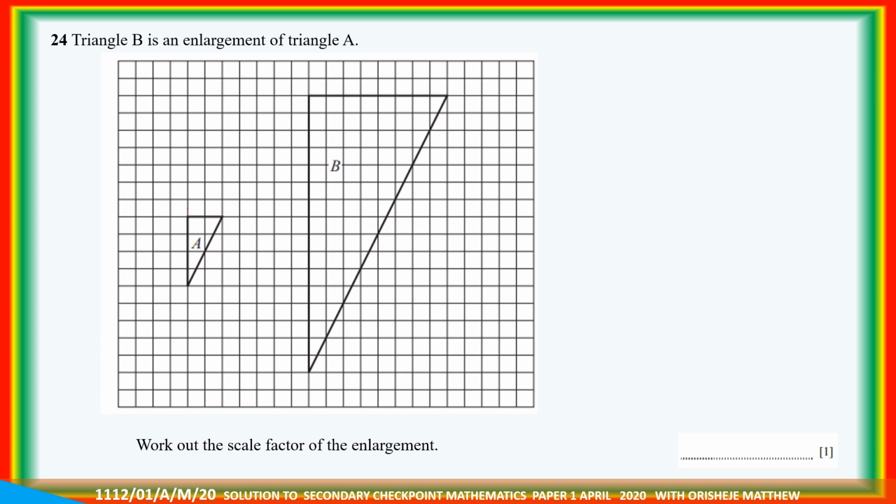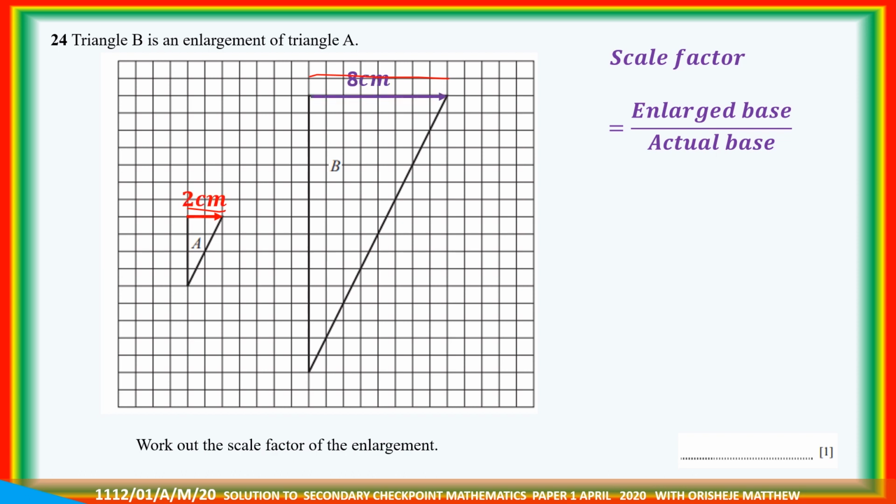If you look at the corresponding side, how many squares are on the base? 2. Then how many squares are on the corresponding side here? Once you know that, you find out the scale factor, which is the enlarged base divided by the actual base A. The actual base is 2 squares, while the enlarged base is 8 cm.